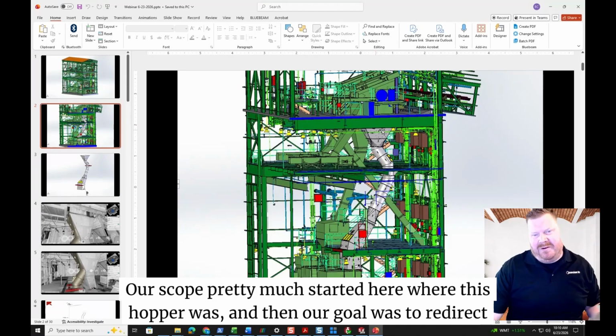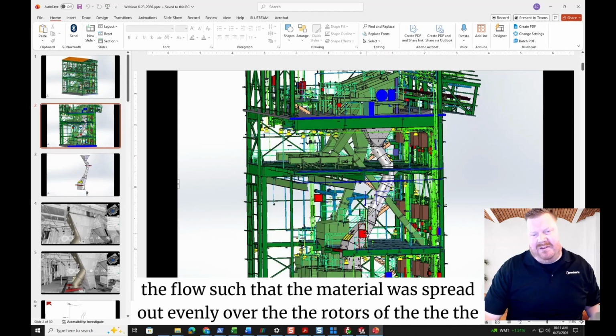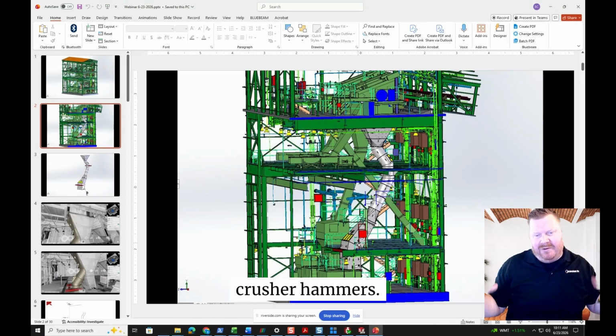Our scope pretty much started here where this hopper was, and our goal was to redirect the flow such that the material was spread out evenly over the rotors of the crusher hammers.